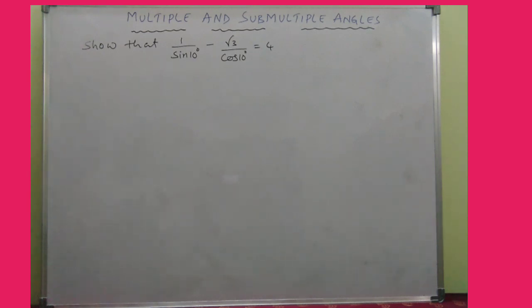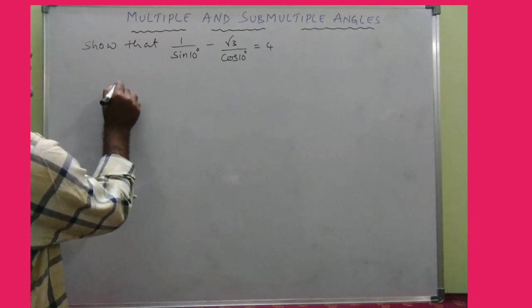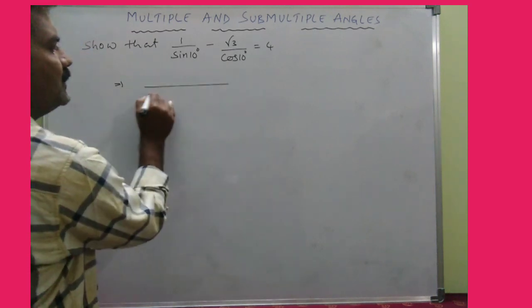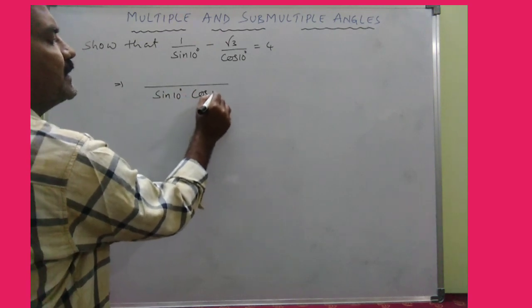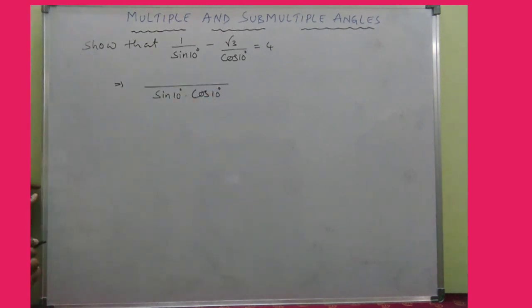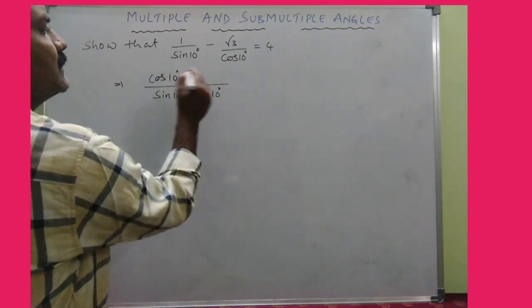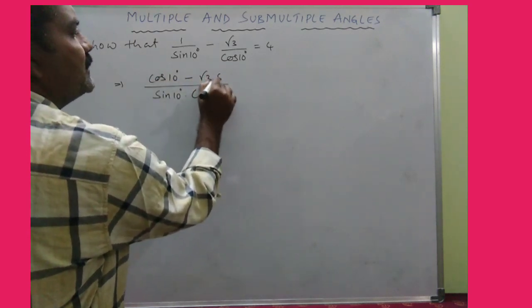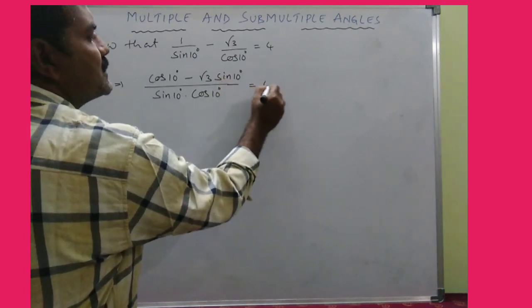First of all, go for LCM. LCM is sine 10 degrees into cos 10 degrees. Also go for cross multiplication. Then this is cos 10 degrees minus root 3 into sine 10 degrees, which is equal to 4.